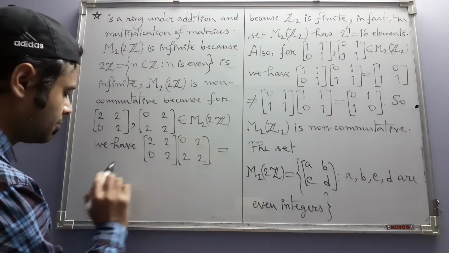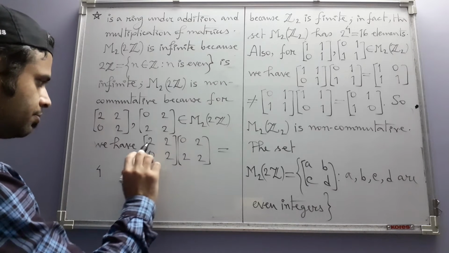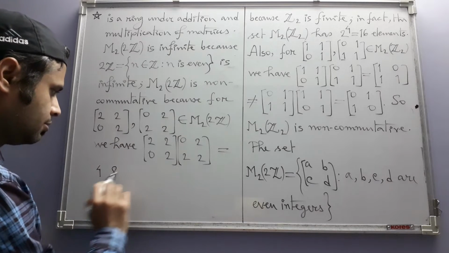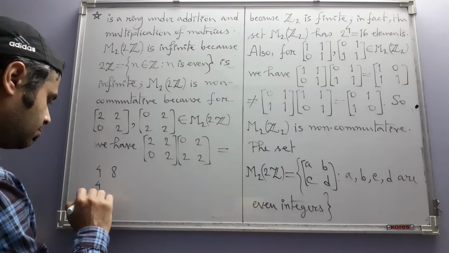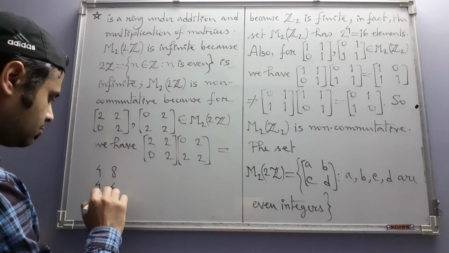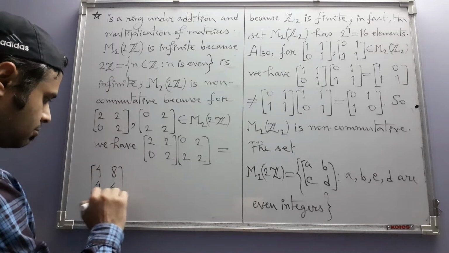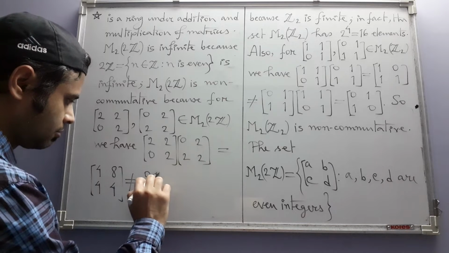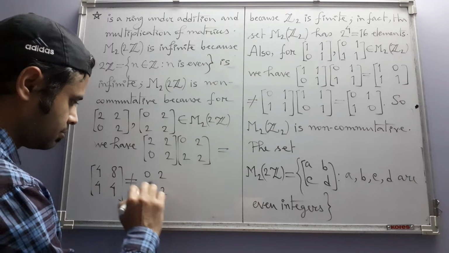So 2 times 0 plus 2 times 2 is 4, 2 times 2 plus 2 times 2, 4 plus 4 is 8, 0 plus 4, 0 plus 4, and that is not equal to the other product.